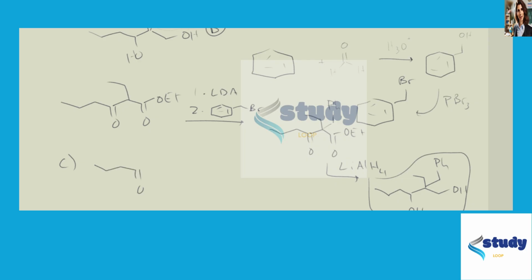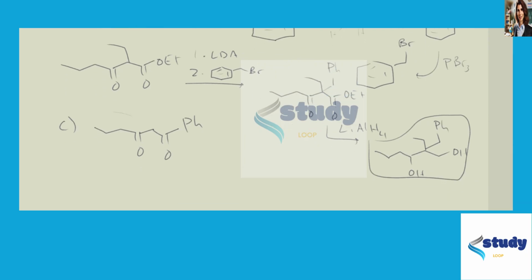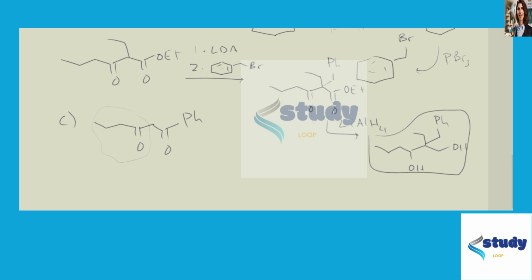Finally, we want to access this compound. So again, we kind of know that we can use this as our electrophile from our starting material. I really just need to make acetophenone as a nucleophile.